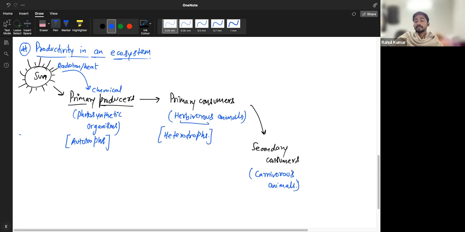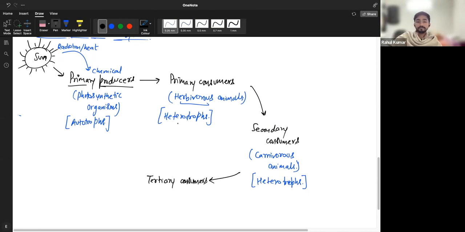They are again heterotrophs, but they will feed on primary consumers. Sometimes systems also have tertiary consumers. What are tertiary consumers? They are called omnivorous animals.